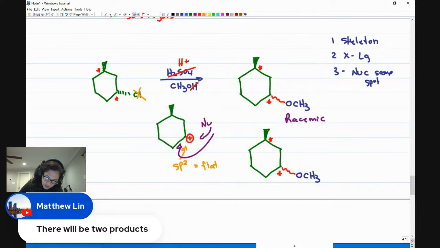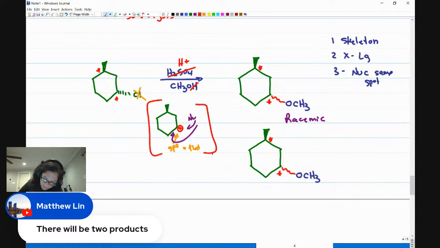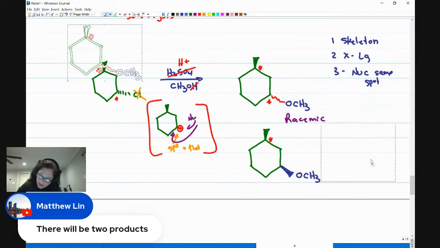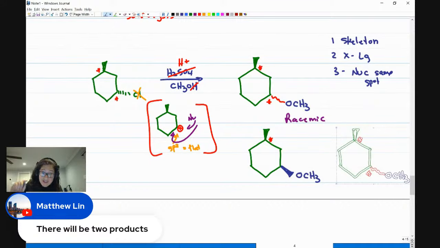And let's make this one smaller because it's an intermediate. So we'll make this one with a wedge. And this is a trick question that not only do many students get wrong, but I have seen answer keys from exams that professors have released with the wrong answer. What is the relationship between these 2 molecules?